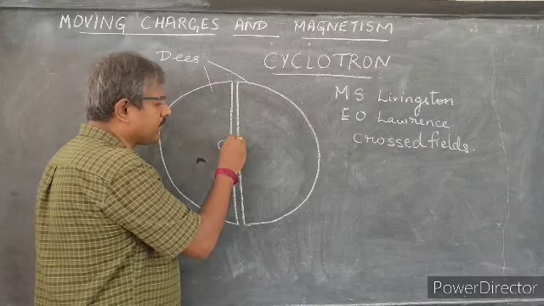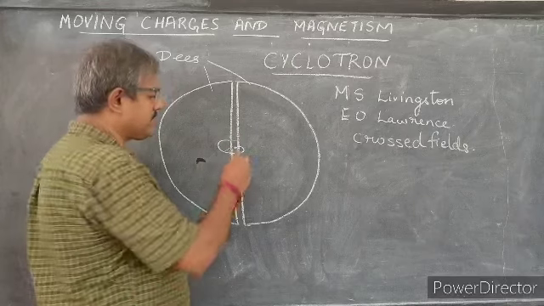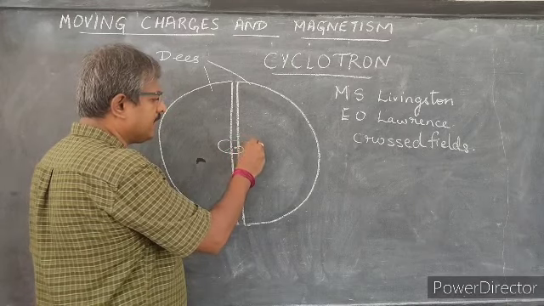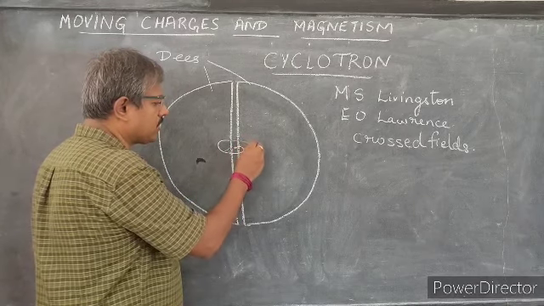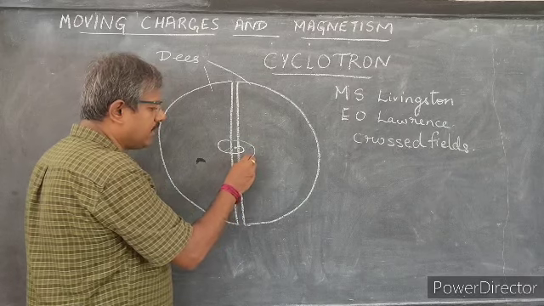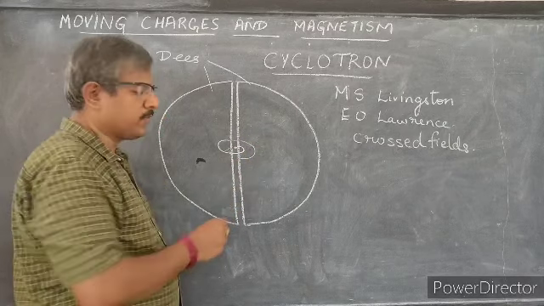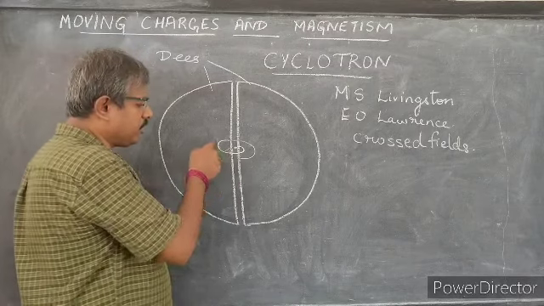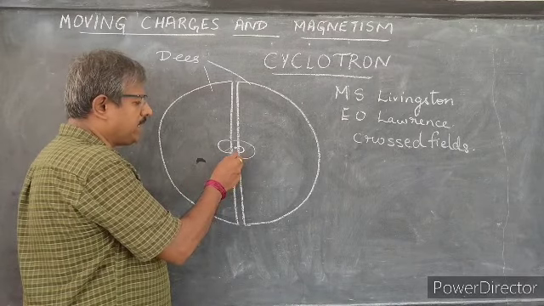Again, the particle accelerates across the interface. Since it accelerates, the next semicircular motion it executes has a slightly larger radius compared to the previous one. This repeats.